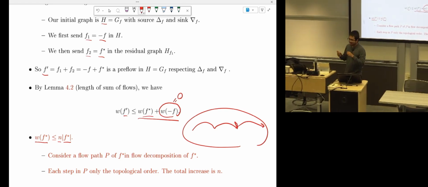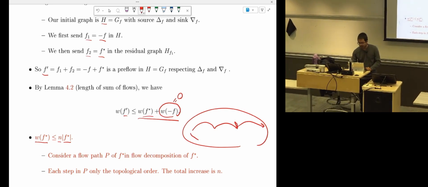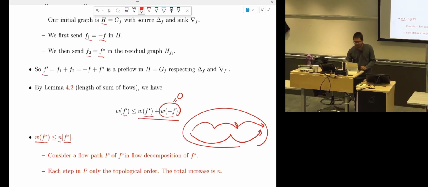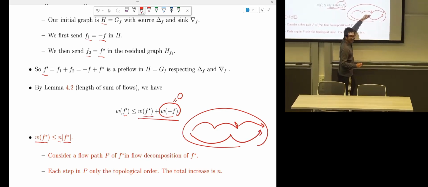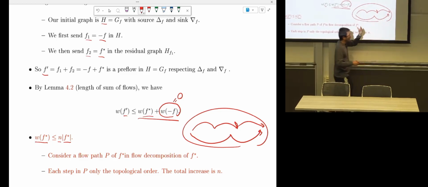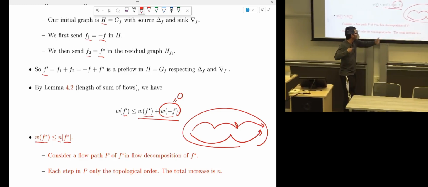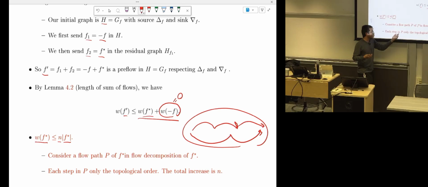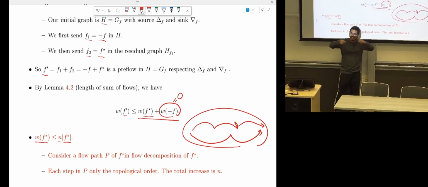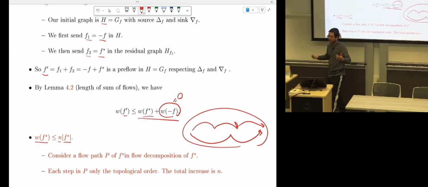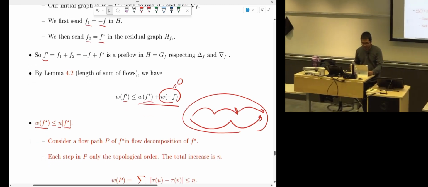Let's look at each flow path. It might jump quite a bit in DAG order or not. Anyway, it just goes in this direction. At each step, it only increases topological ordering. But the total increase in this tau in topological order is just n.